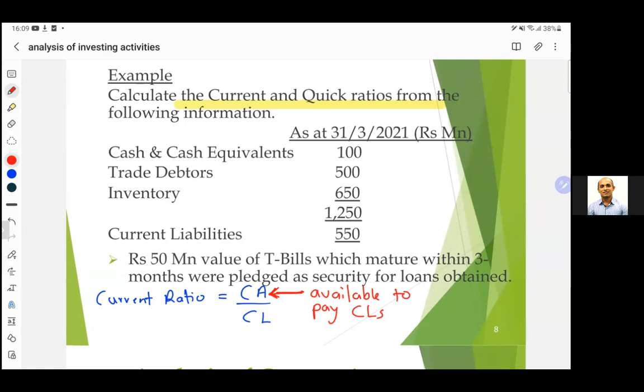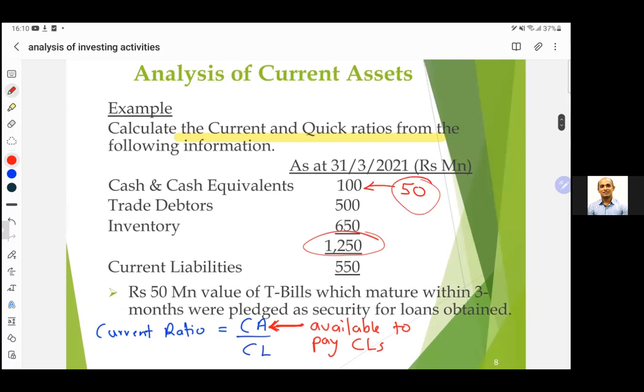Now, in this example, we have total current assets of 1250. But the entire 1250 of current assets is not available to pay current liabilities, because the question says cash equivalents include 50 million.